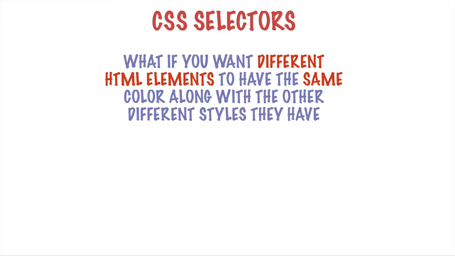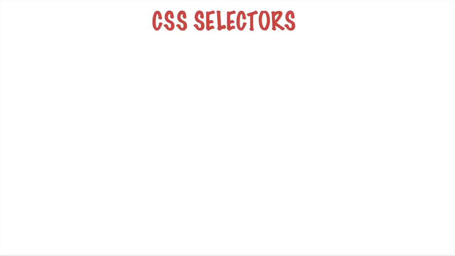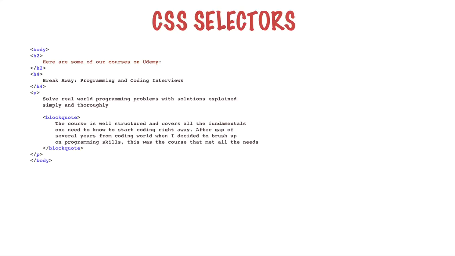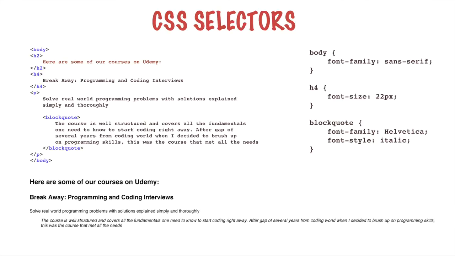As an example, let's say you wanted different HTML elements to all have the same color. This color would be in addition to whatever other different styles they already have. One way of doing this is to just use the HTML tag selectors of the kind that we just saw. This is a fairly easy way of specifying that we would like all of a certain type of elements to share a particular color. Let's see how this would play out using a simple example.